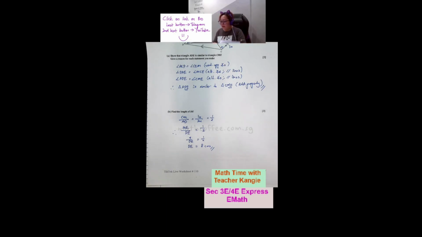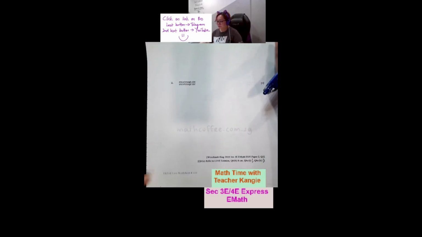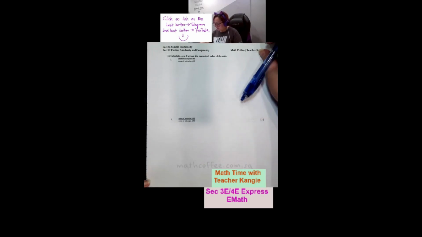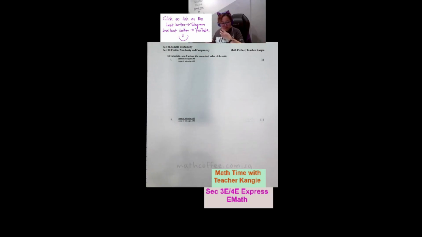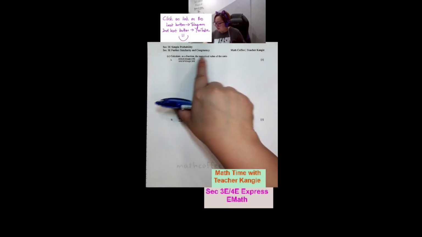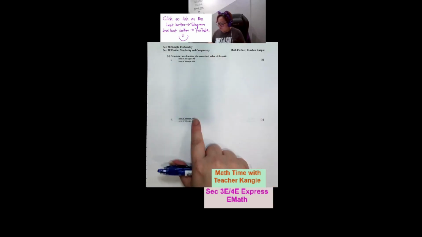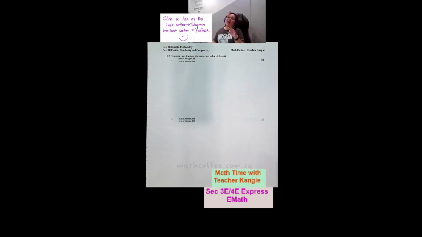Okay, now we are left with the last part. The last part is common questions that students always can't do. They say, calculate as a fraction the numerical value of the ratio of the two triangles. Then how? In this kind of questions, there's only two types.